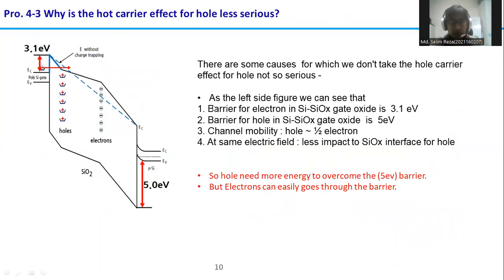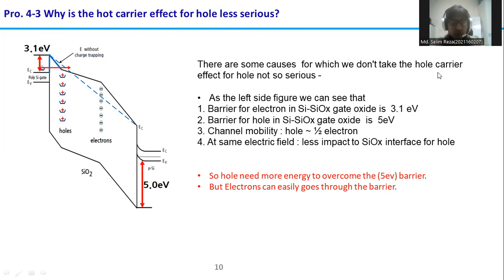And why do we take the hot carrier effect for electrons as more serious, while the hot carrier effect for holes is less serious than for electrons? You can see in this diagram there are some causes.